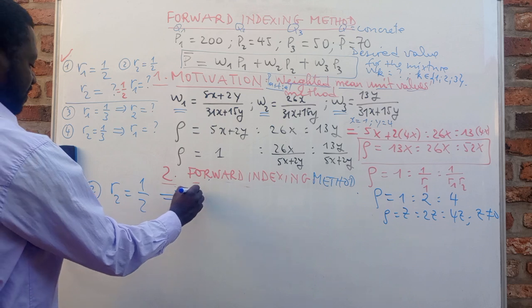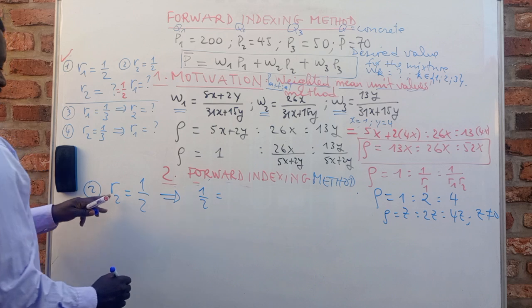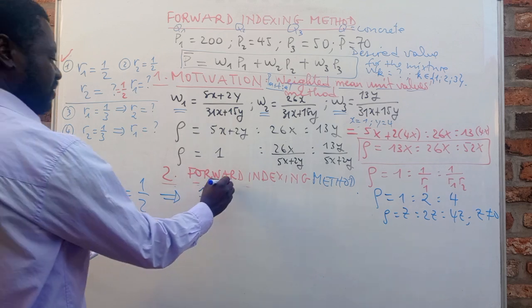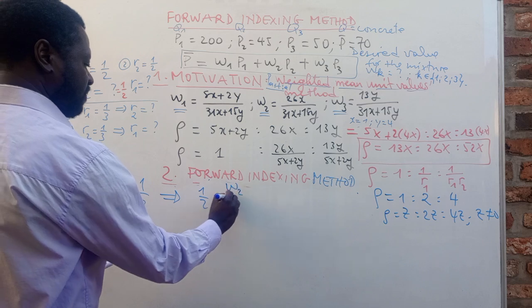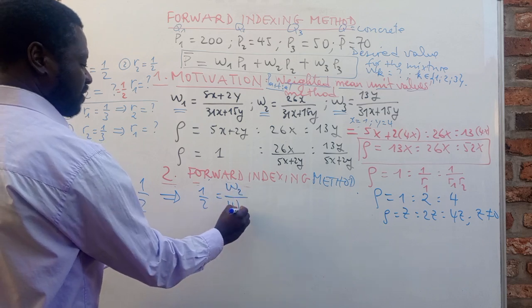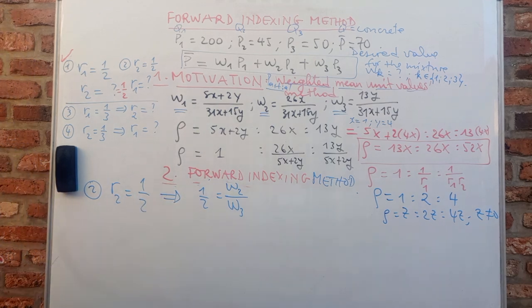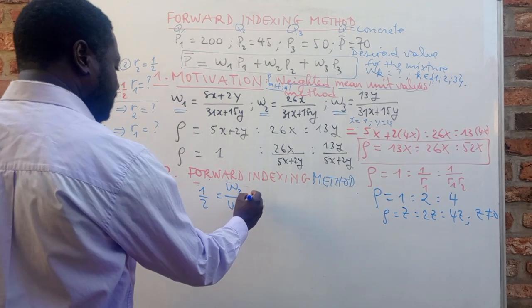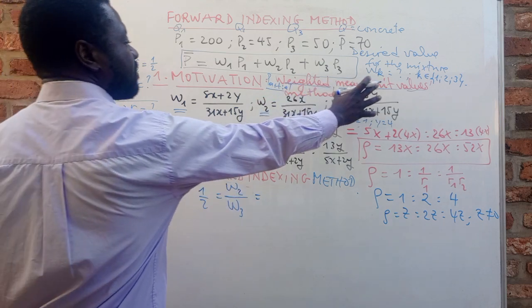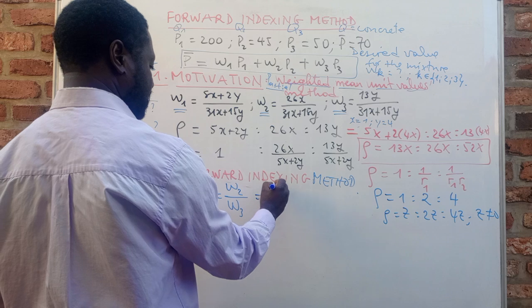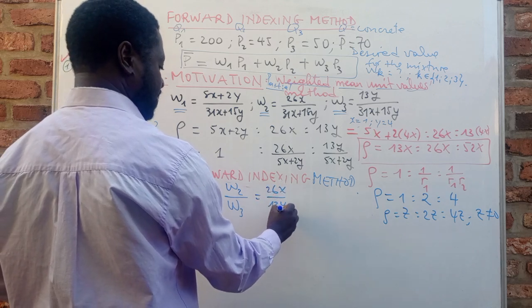We know that the second ratio R sub 2 is omega sub 2 over omega sub 3. This is the same as 26x divided by 13y.